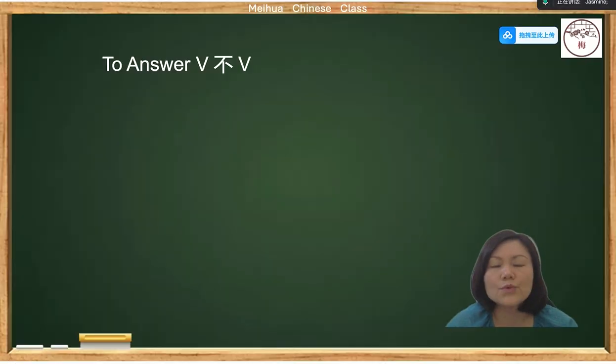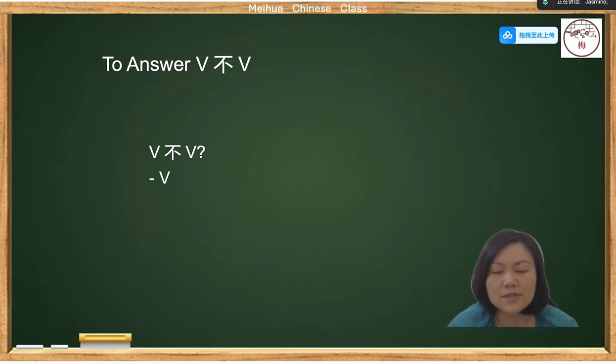So how do we answer this kind of question? From the meaning point of view, it basically means the same thing as the yes or no question, but the way we answer it is a little different. So when somebody asks 去不去, go or not go, we don't answer simply yes or no. We repeat the action.